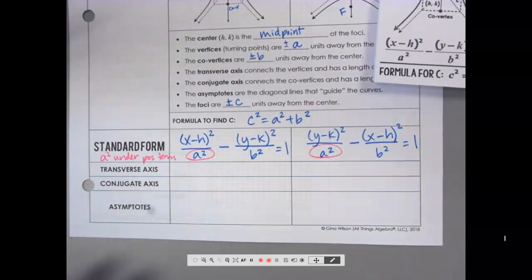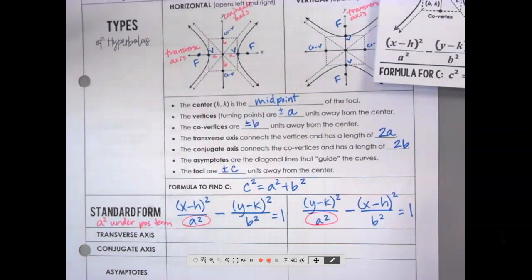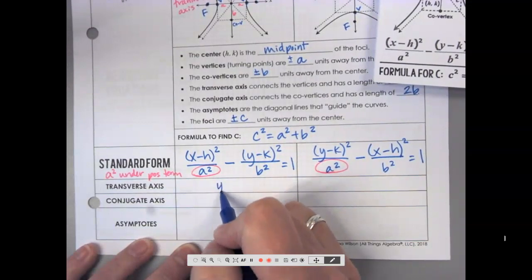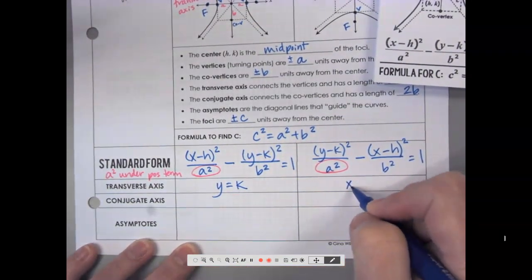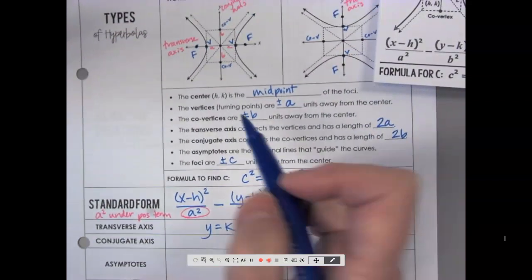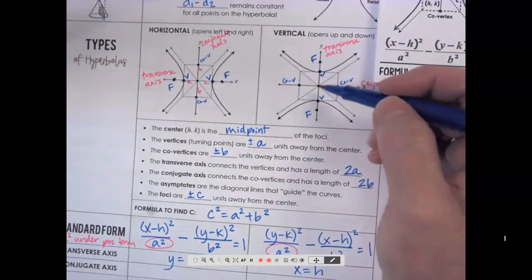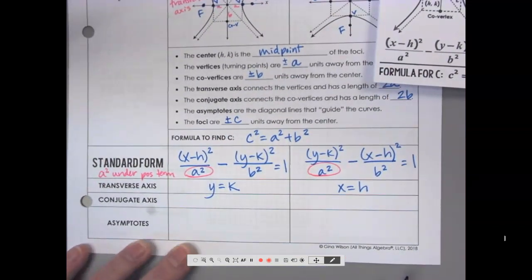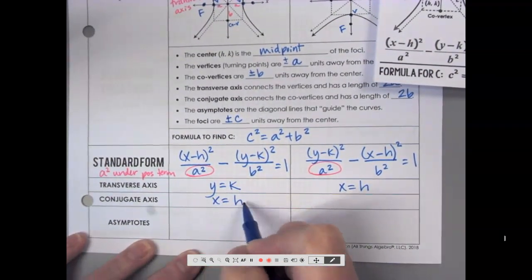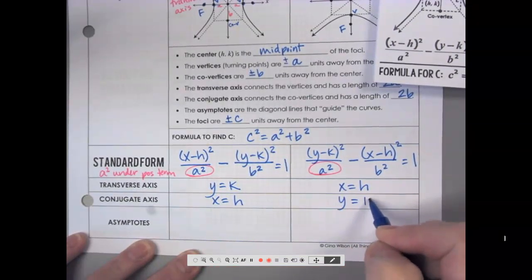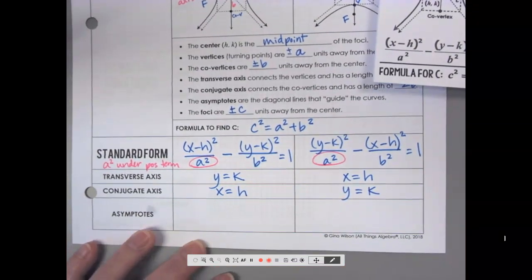Okay, the transverse axis will be y equals k. X equals h over here. That's that horizontal line here or vertical line here. The conjugate axis will be x equals h. And over here, y equals k. Those are exact opposites.